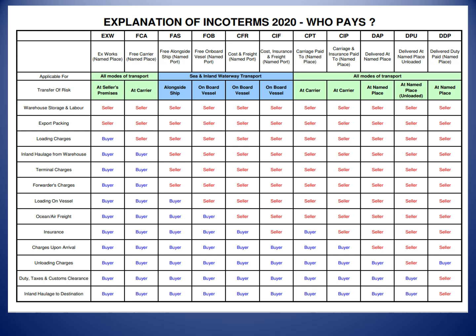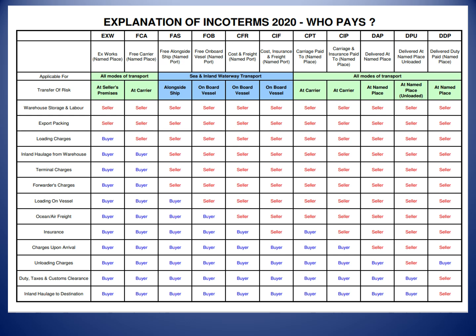You'll see that's to be paid by the buyer for Ex Works. So you just look on the column and move down and match it to the specific charges in the left hand column. If we look at DDP, in terms of duty, taxes and customs clearance and inland haulage to destination, you'll see that the responsibilities lie with the seller.